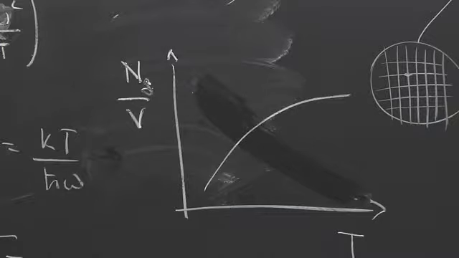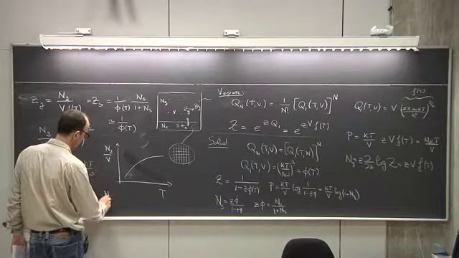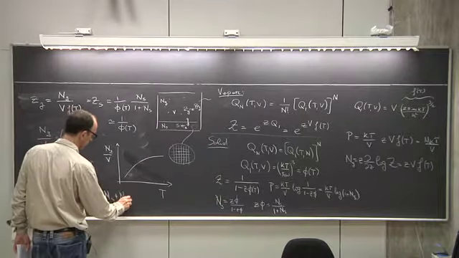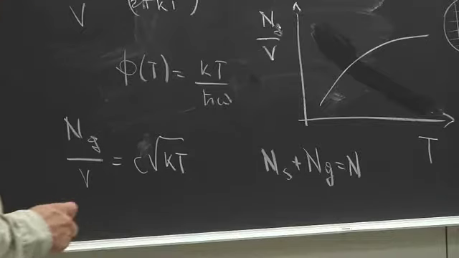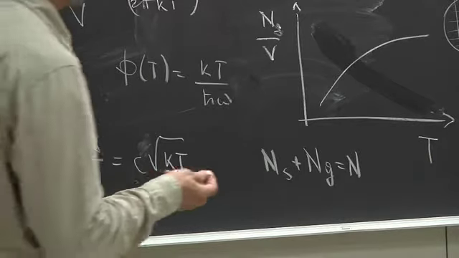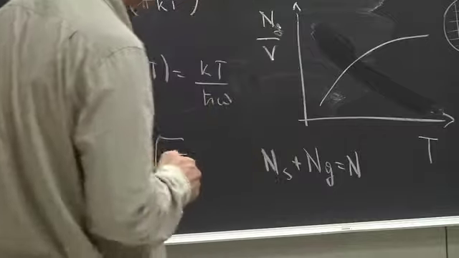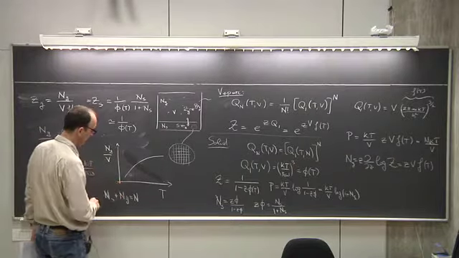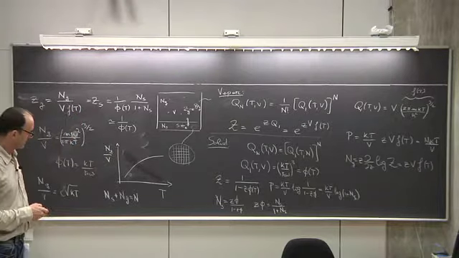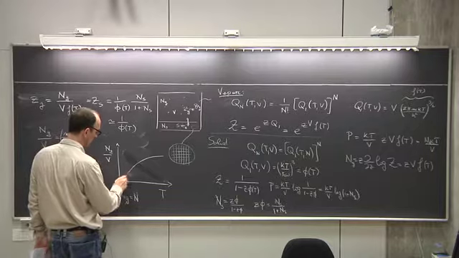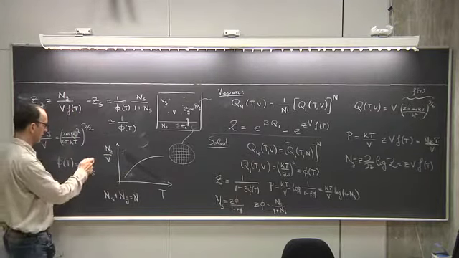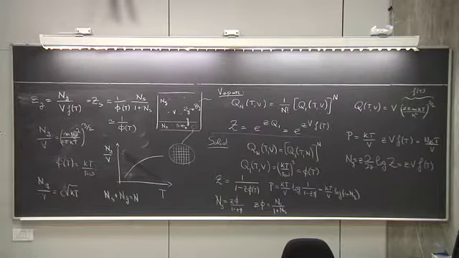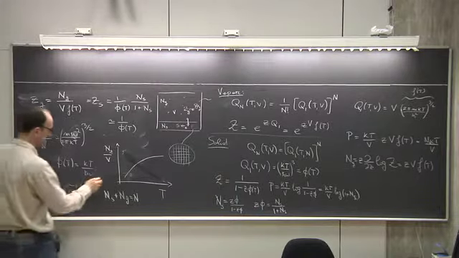Now of course, this model, if you have a total number of particles in your system, then you will have at a certain temperature, all the gas will go into the solid phase if you decrease the temperature, and this is where essentially this curve hits the density of the solid, right?